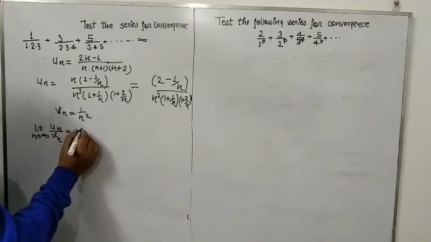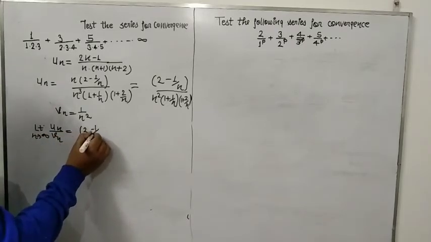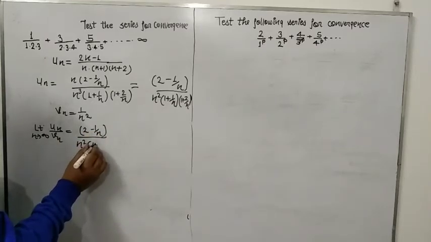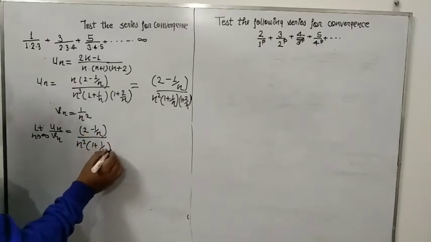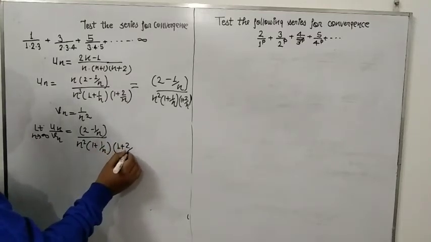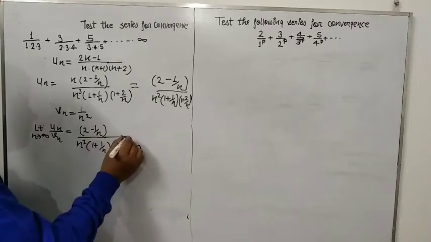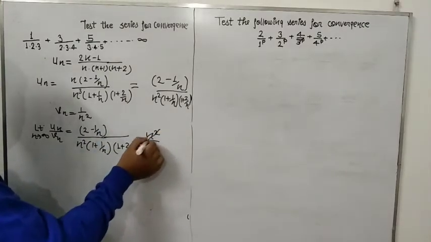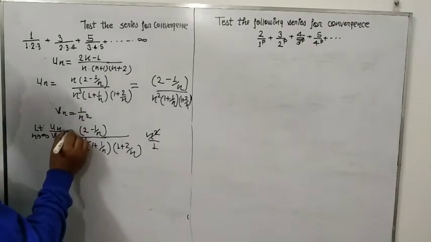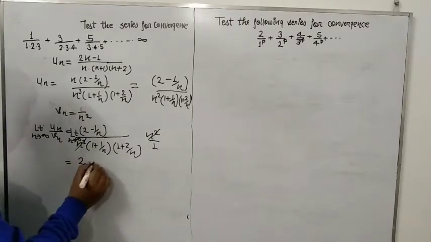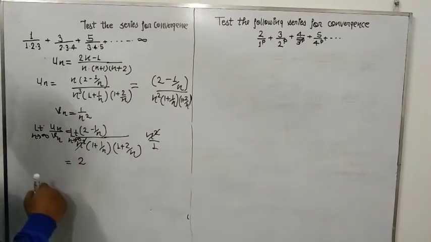So un is nothing but (2 minus 1 by n) upon n square (1 plus 1 by n) and (1 plus 2 by n), and this is multiplied by n square by 1. So n square and n square cancel out and we take the limit n tending to infinity. This is nothing but 2, which is finite and non-zero.